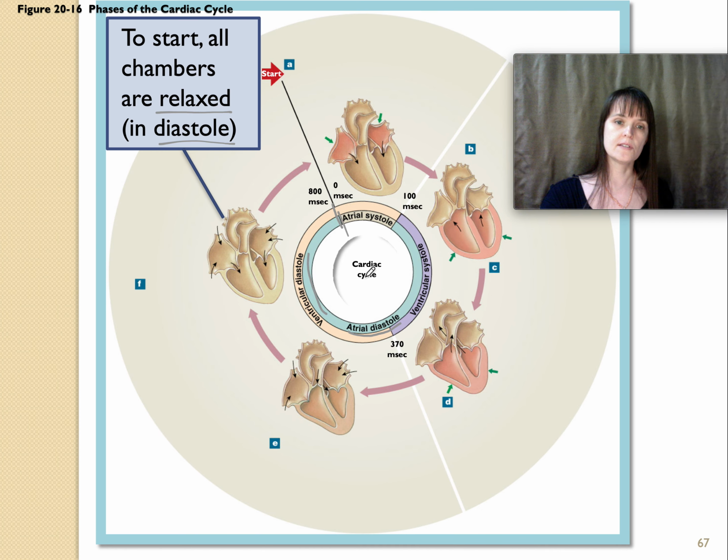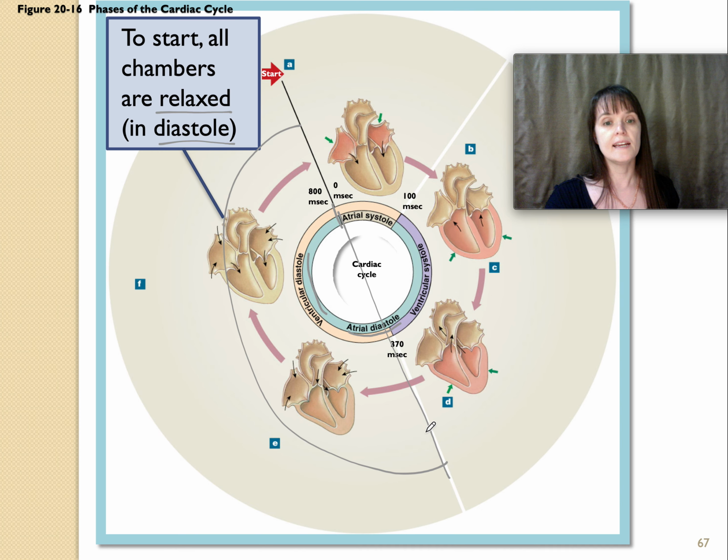So this second half of the normal heartbeat is what they call passive filling, where because there's no valve here, there's always blood flowing into the atria. But the AV valves are also open.